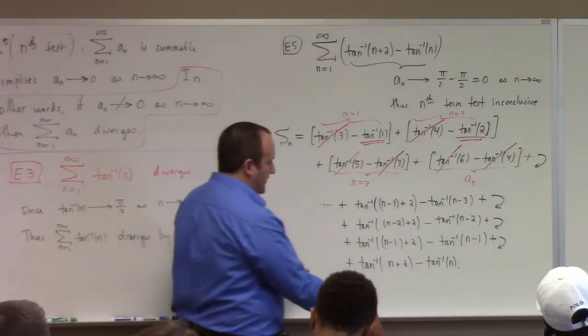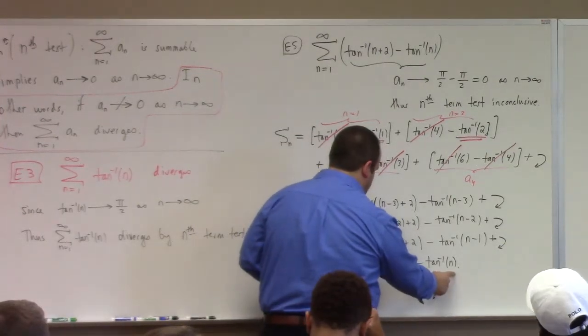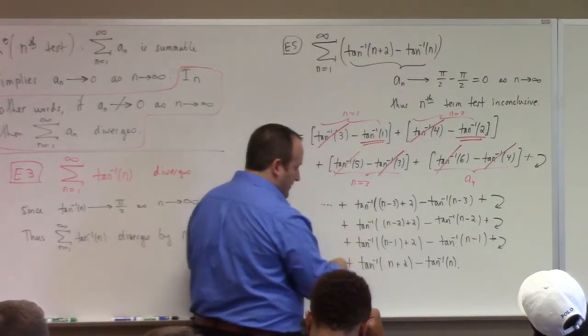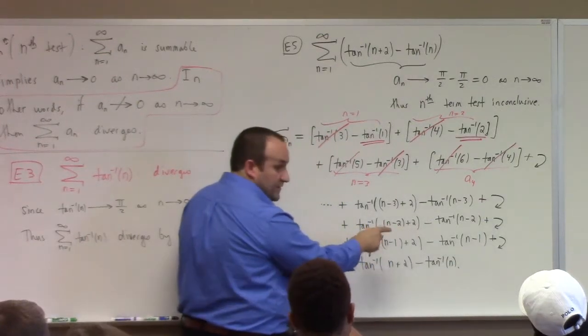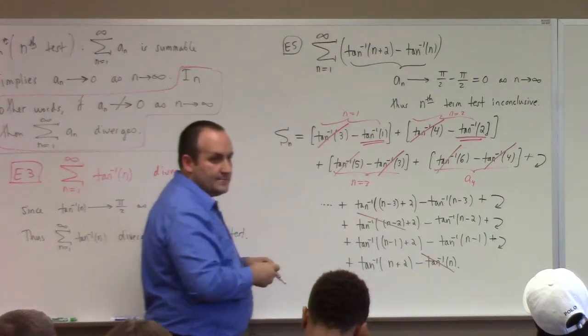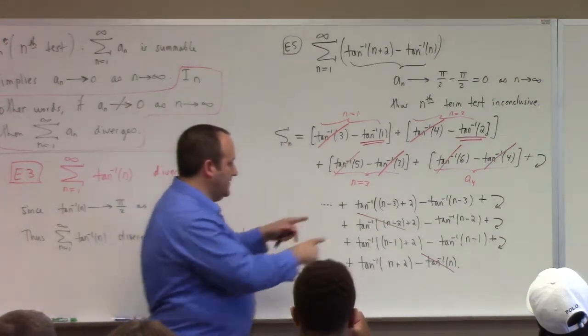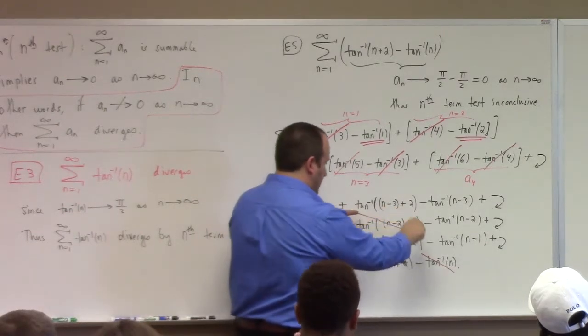And then when you get to the other tail of it, this inverse tangent of n, is there a tangent? Oh, that's right here, right? Minus 2 plus 2. This cancels that, right? And this is actually canceling this one, right?